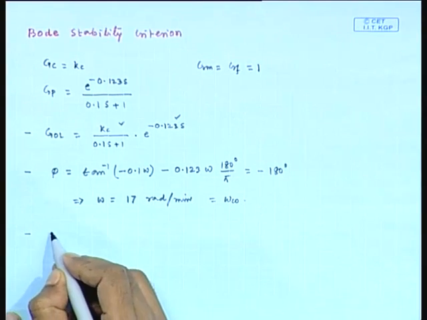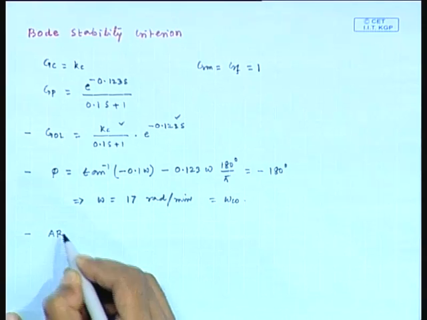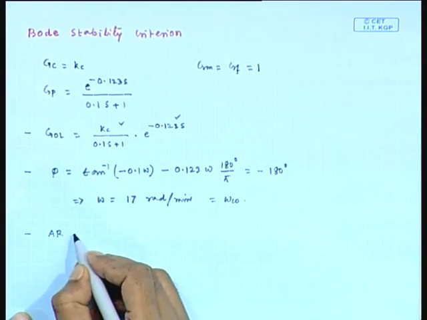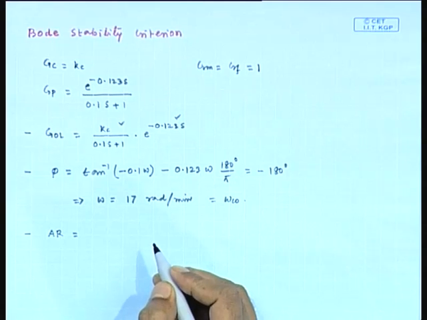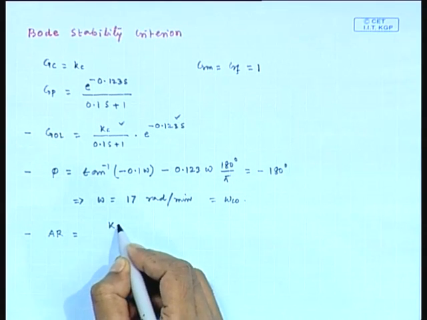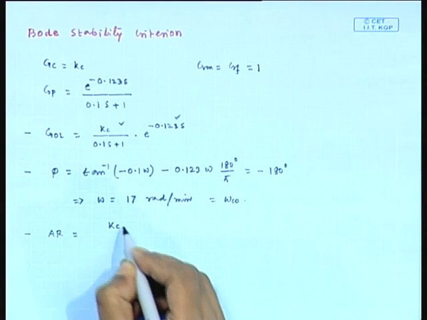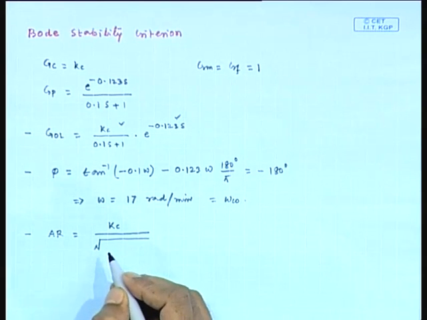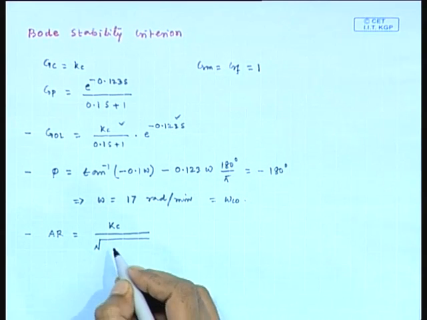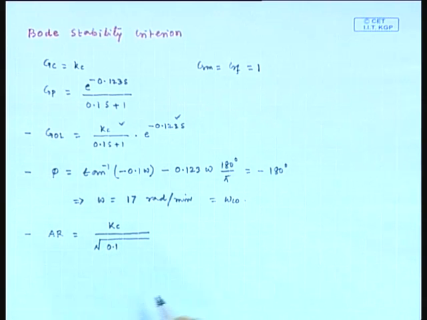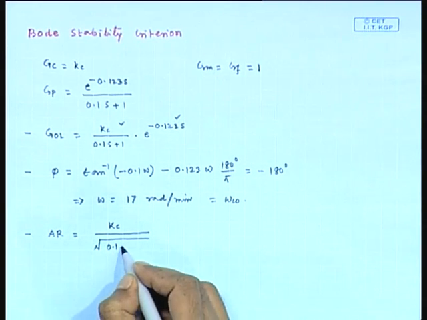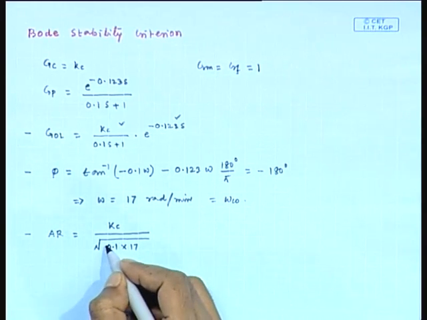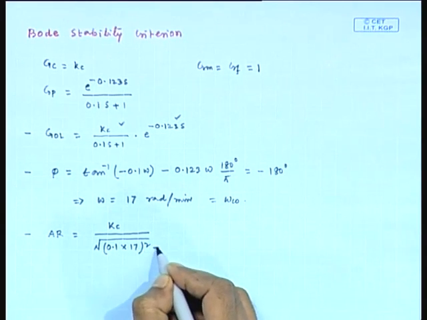In the next step, we can write the expression for amplitude ratio, that we can write as K C divided by square root of tau square omega square plus 1. Here tau is 0.1, omega we are considering crossover frequency, whole square plus 1.